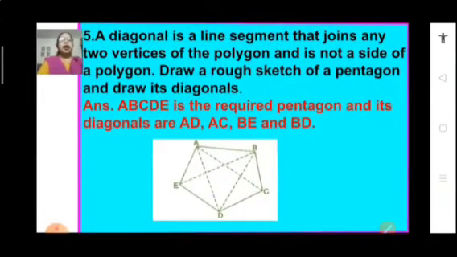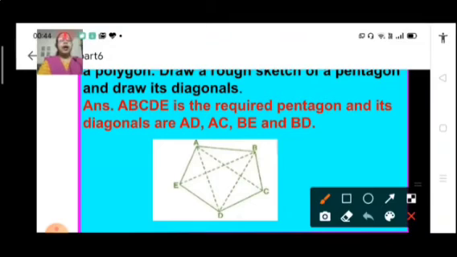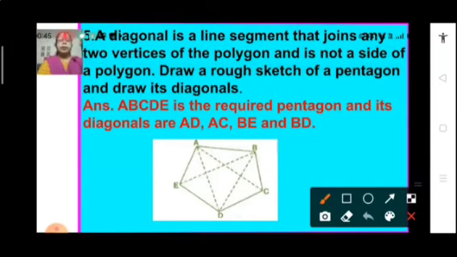Fifth question. A diagonal is a line segment that joins any 2 vertices of the polygon and is not a side of the polygon. Draw a rough sketch of a pentagon and draw its diagonals. So what are diagonals? Diagonals are the lines which join any 2 vertices of the polygon which are not side to side. We have to draw a pentagon, that means a figure with 5 sides, and join the vertices to form diagonals.